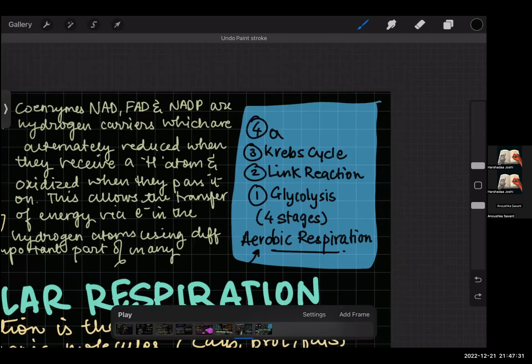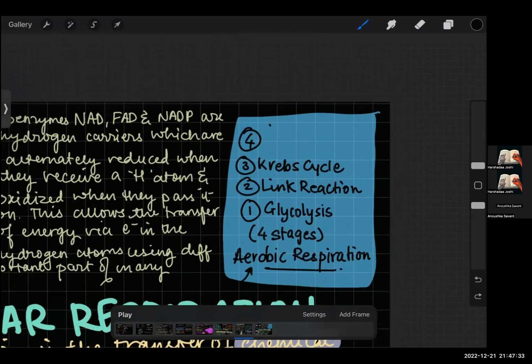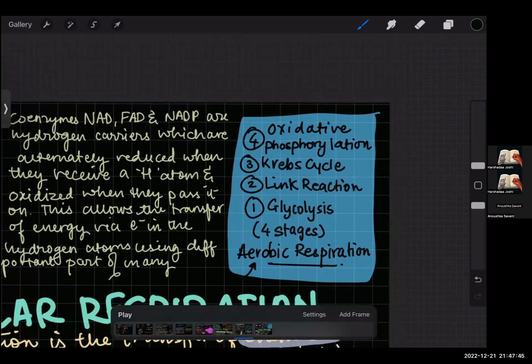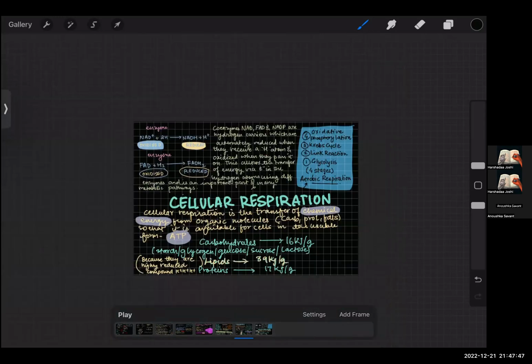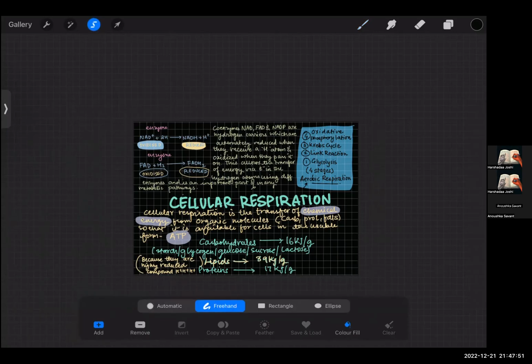phosphorylation. These are the 4 important steps, and using these 4 important steps, you are going to be carrying out the aerobic respiration.